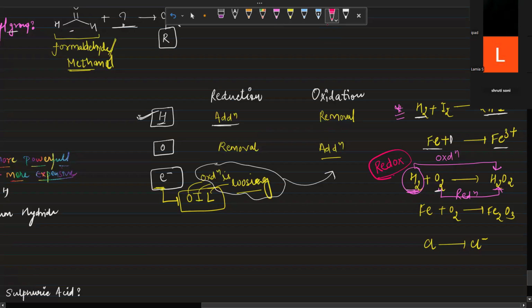Now we'll check the next reaction, that is Fe plus O2 gives Fe2O3. So tell me. Okay, so you're adding an oxygen to iron, right? You're adding an iron, but then you're also adding an oxygen.